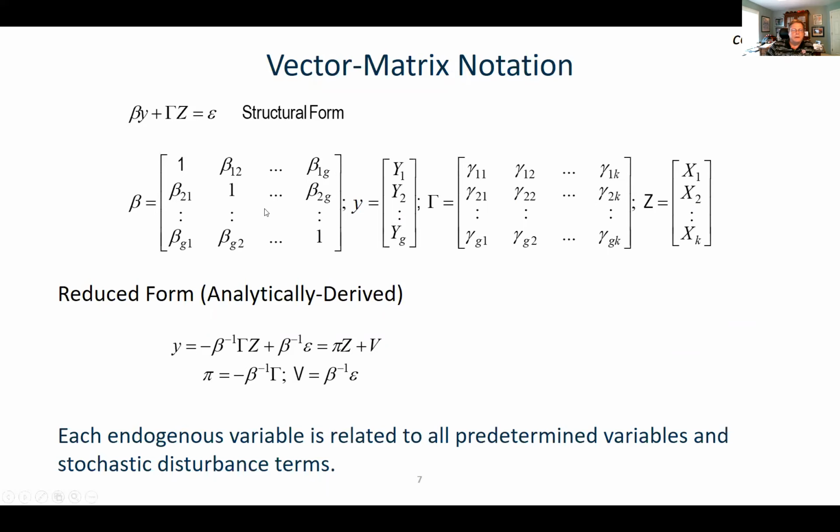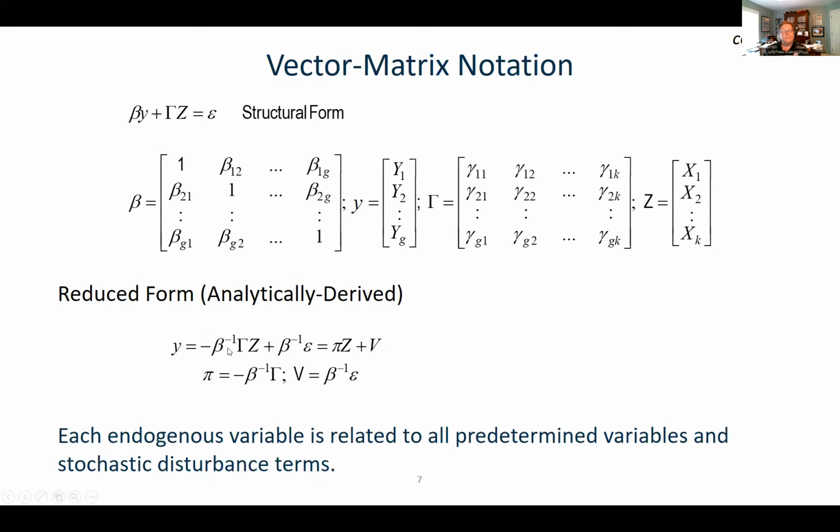But a lot of times we'd like to rewrite the system such that we only express the endogenous variables y1, y2 through yG as a function of only the explanatory variables. And the way to do that is given here. This beta matrix, the matrix of coefficients of the endogenous variables, has to be a square matrix, which means we can take its inverse.